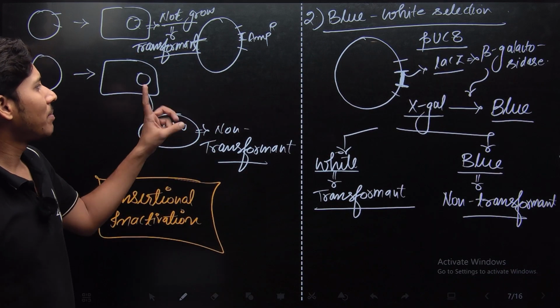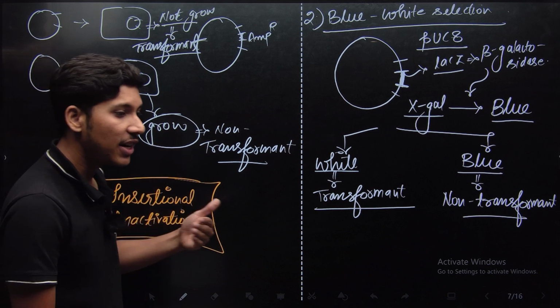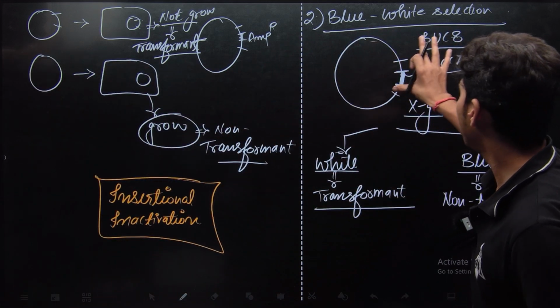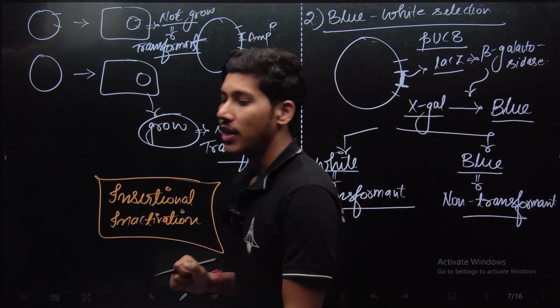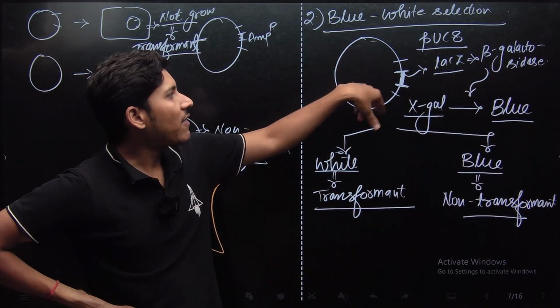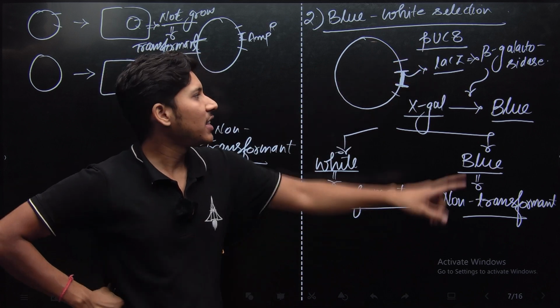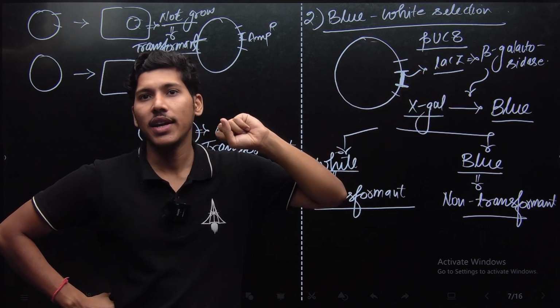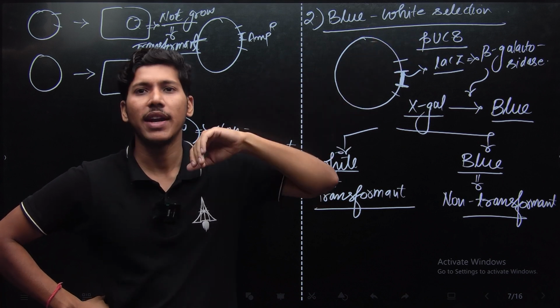This method of antibiotic resistance genes needs multiple plating, which makes it chaotic. That's why we use the blue-white selection method as a selectable marker. So we have a plasmid known as pUC8, and this plasmid contains a lacZ gene that was used in the case of the lac operon.